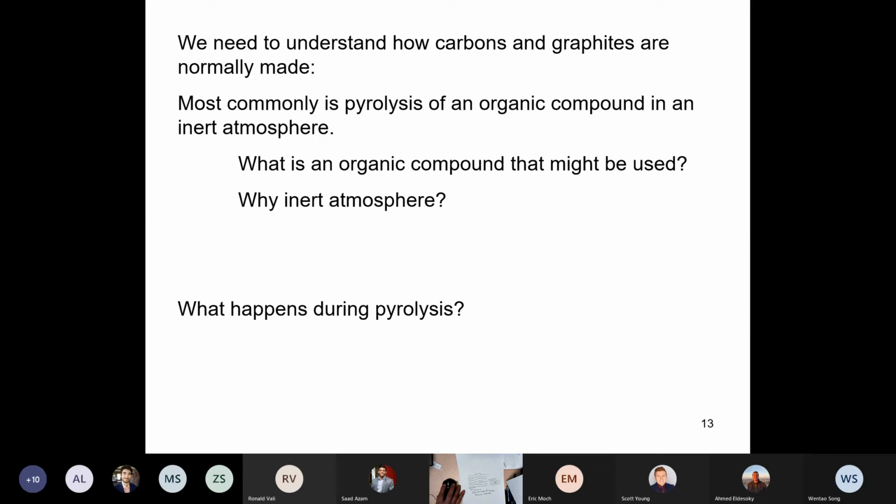Coconut shells, rice husks, straw, wood, tar, coal, anything. People have tried them all to see what you get, not just for battery applications, but for gas filtration, water purification, all kinds of things, all right? And the real question is, what happens during pyrolysis?